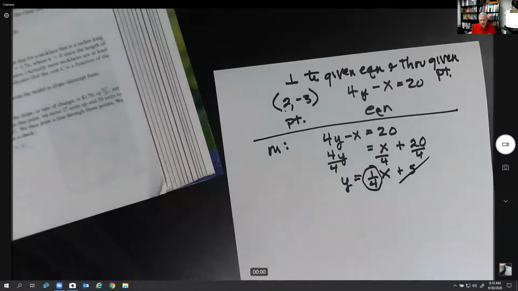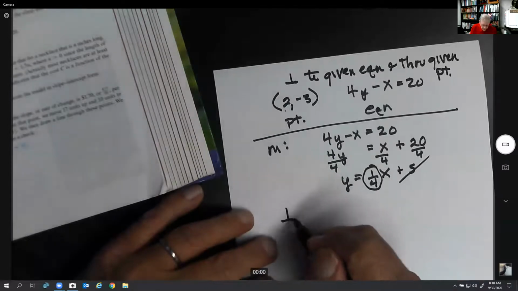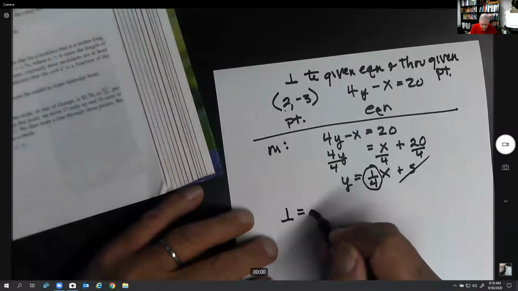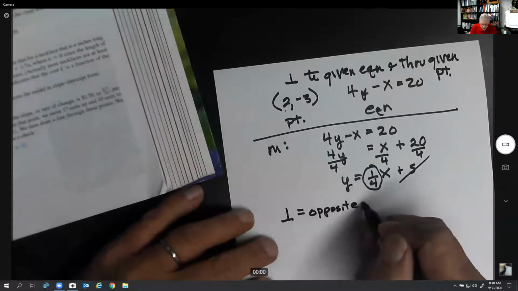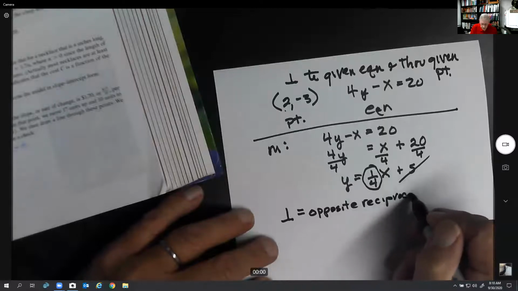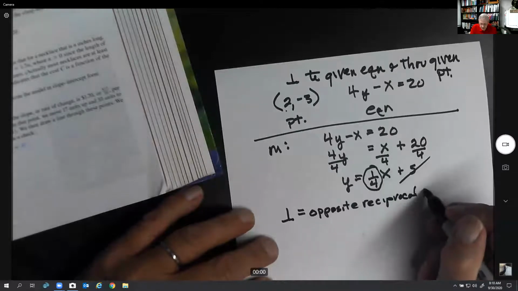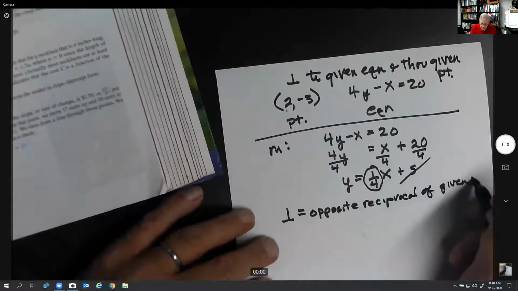Now, our slope, if it's perpendicular, is equal to the opposite reciprocal of the given slope.